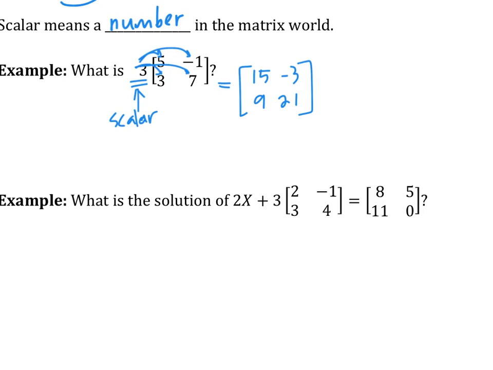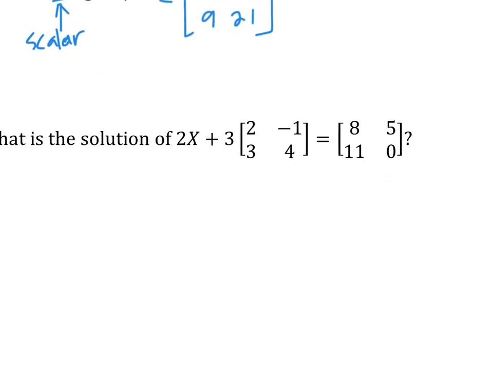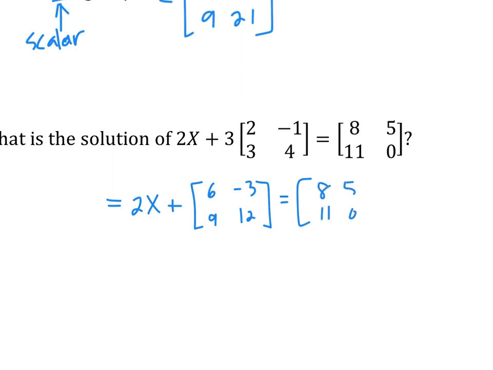Okay, let's try this one. 2x, x means a matrix. 2x plus 3 times this matrix is equal to this matrix. What is x matrix? So let's go ahead and just follow our standard operation procedure. So 2x plus, and we're going to multiply first. So this becomes 6, -3, 9, 12 is equal to 8, 5, 11, 0.